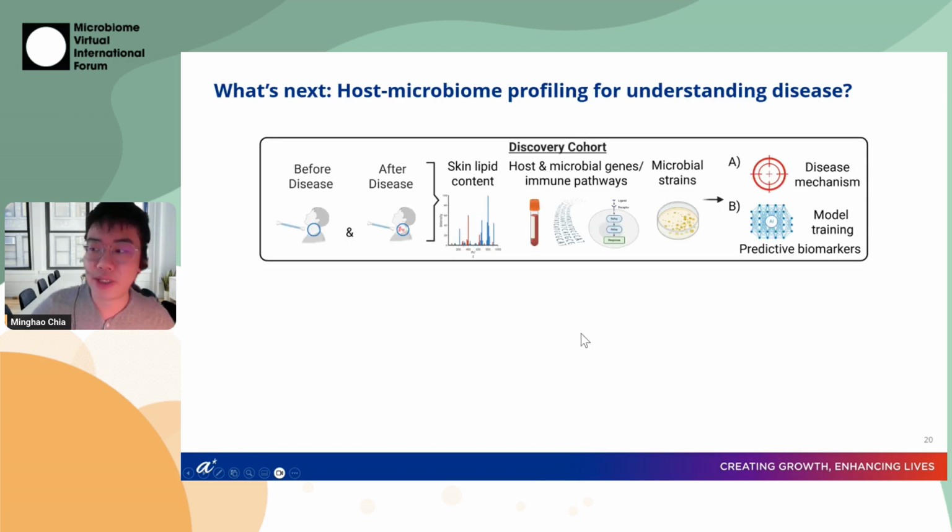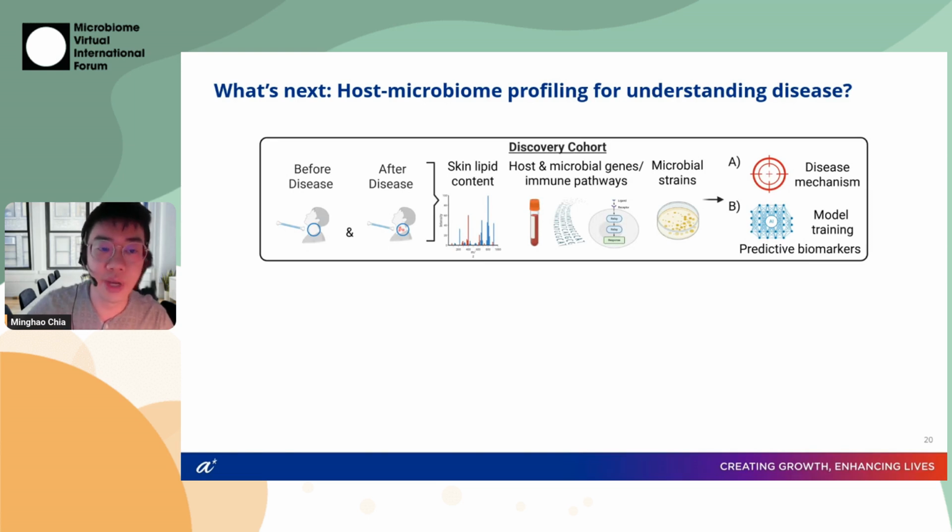So what's next? Because we of course want to understand disease, we are hopeful we can deploy this approach and collaborate with people in disease cohorts. You can imagine applying RNA-seq, DNA-seq, and other omic layers to a disease cohort before and after disease to discover host and microbial gene and immune pathways that are associated with disease.